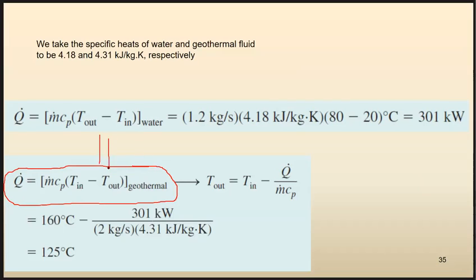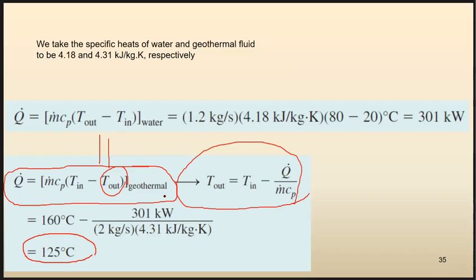So they must be the same, but for the hot side, we don't know the outlet temperature. So we set this 301 equal to this, and the outlet temperature of the hot side is derived as 125 degrees Celsius. So this is the temperature outlet at the hot side.